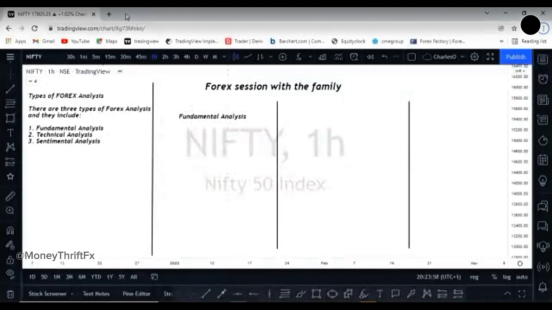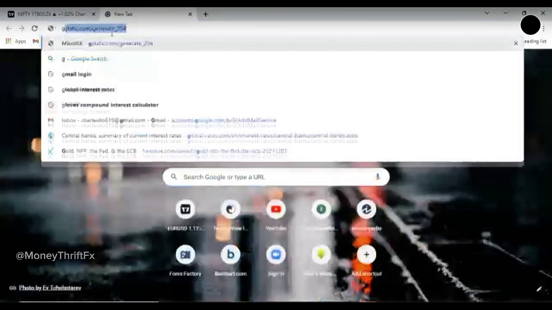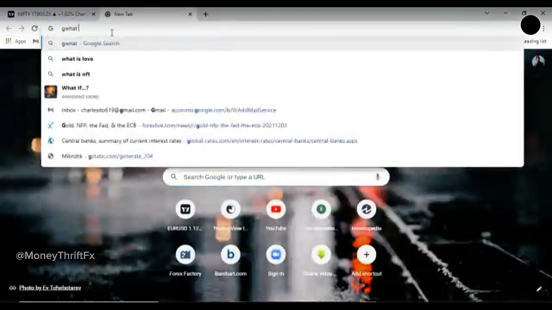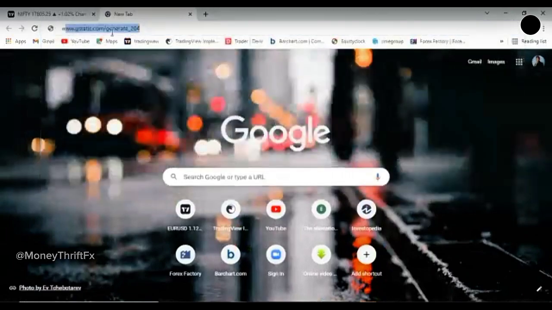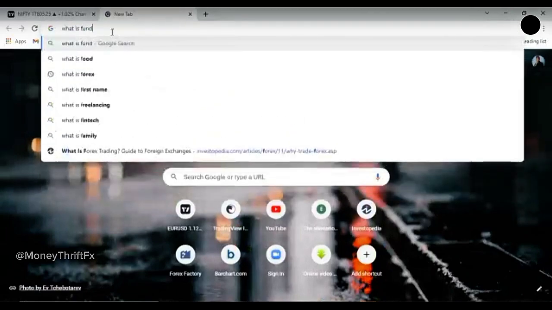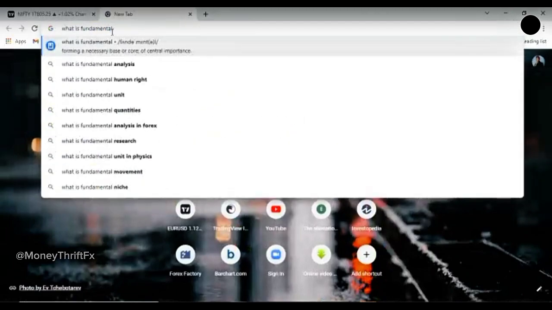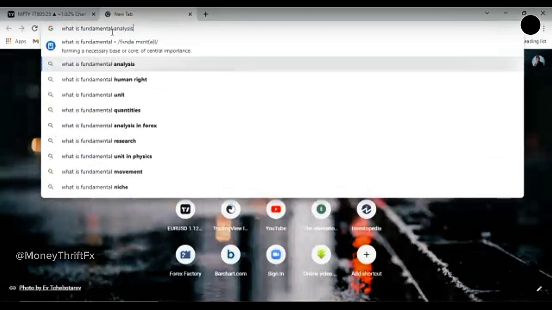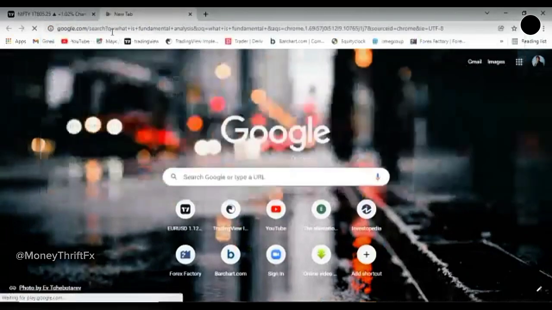So what is fundamental analysis? Let's just steal definitions from Google. Then I will explain what fundamental analysis is.